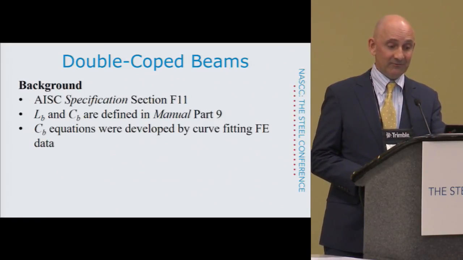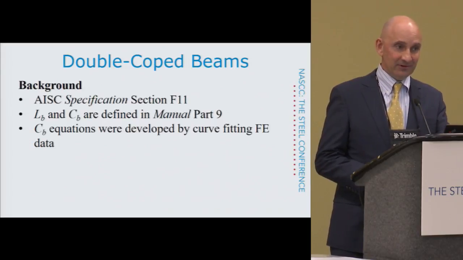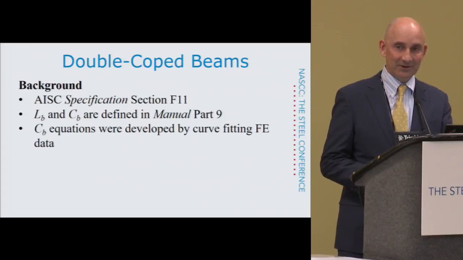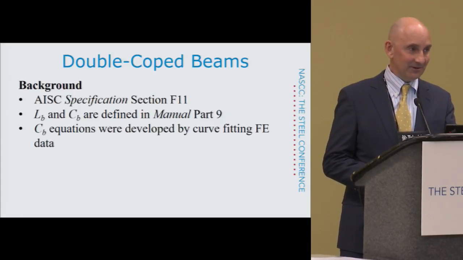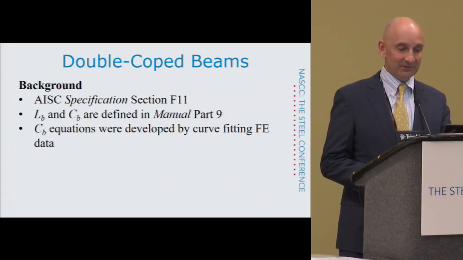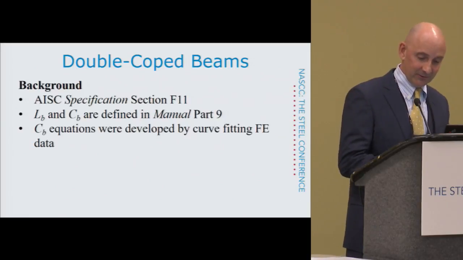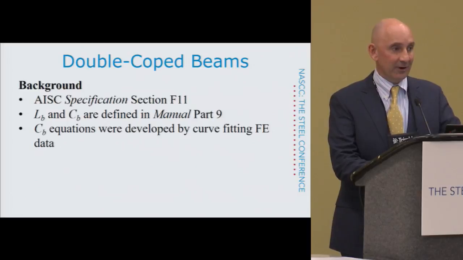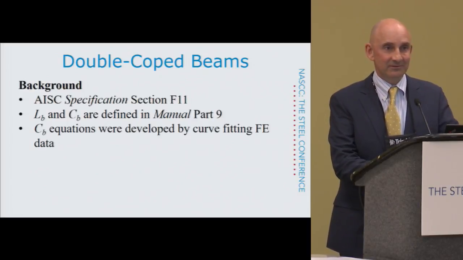It allows us to account for residual stresses, all the things that affect the buckling strength, especially in the inelastic range. So these models I'm about to show you are all done elastically using the same program that was developed at the University of Texas. Professor Ura was nice enough to send me a copy back when we were doing this research.